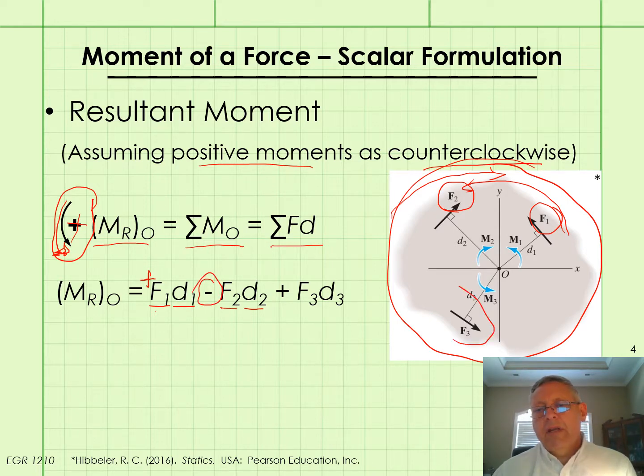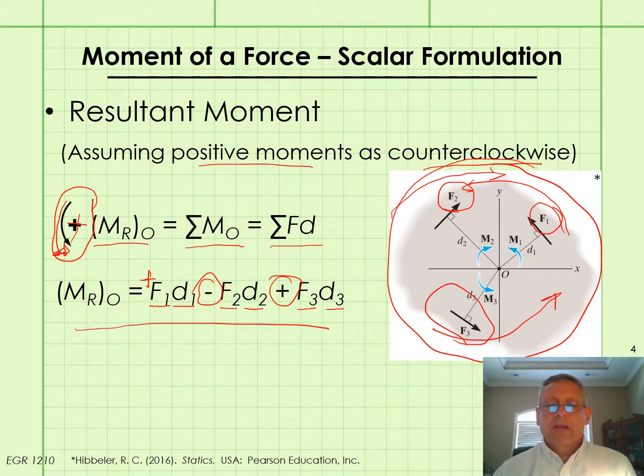And F3, its moment about O is the magnitude of F3 times its perpendicular distance from point O, and it's tending to cause a counterclockwise rotation, so it gets a positive sign. And this equation is going to be the main equation that we use in our scalar moment type problems.